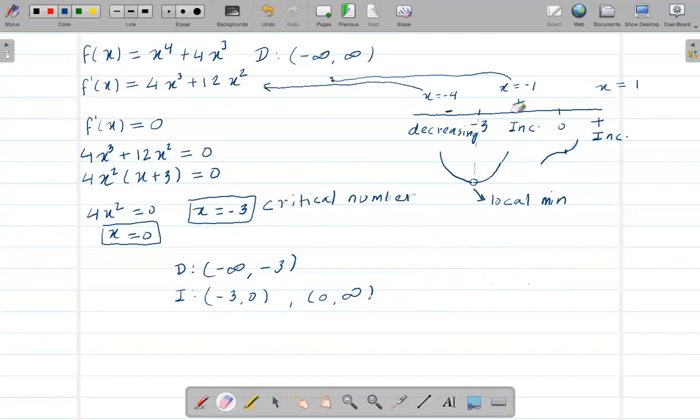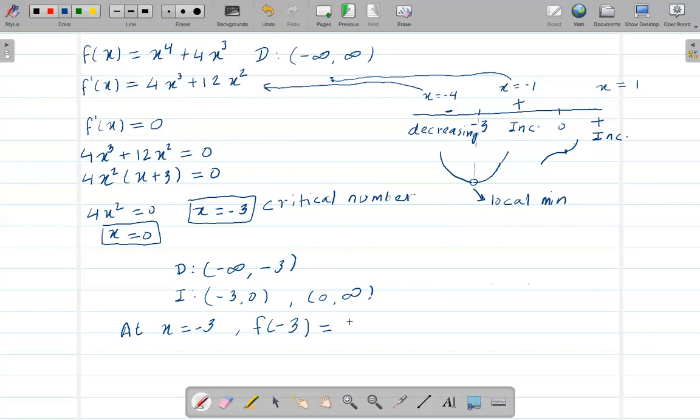Now after that, the local minimum, we said at negative 3, it's a local minimum. So at x equals negative 3, what is f of negative 3? After you find at what point there is a local minimum or maximum, you have to plug that point into the original f function.